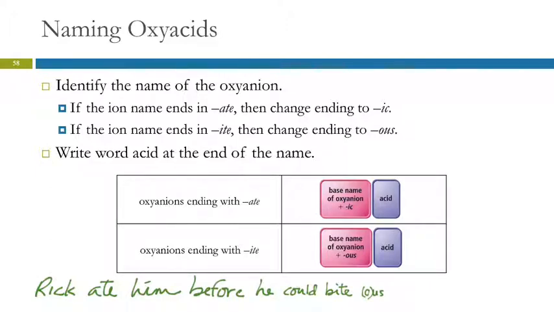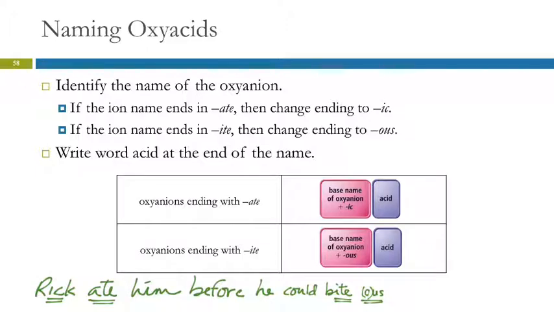So Rick ate him before he could bite us. How's that going to help us? Ite and us go together. Ate and ick. Okay, so that's the one I've always used. Don't remember where I learned it.